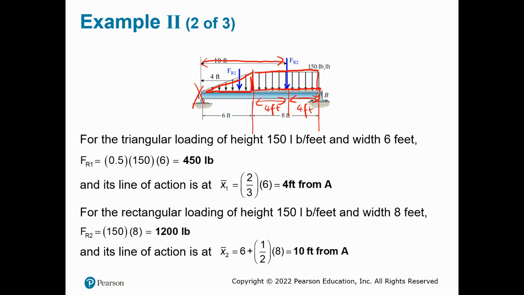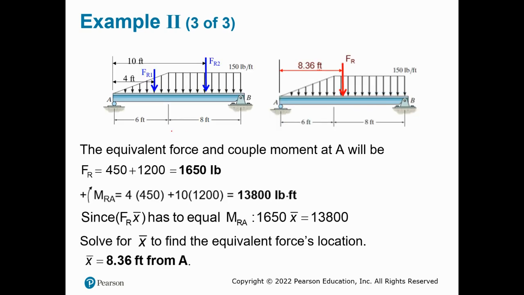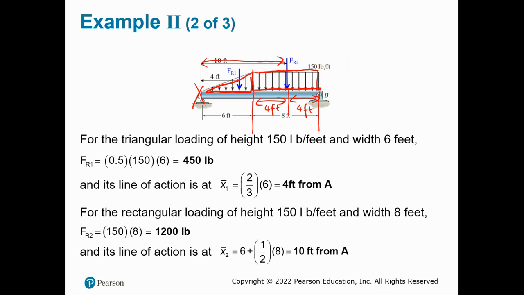Knowing the location and the magnitude of the equivalent point load to replace the distributed load, we also can calculate how much moment is generated about point A. About point A, I know my resultant force is 450 for FR1, and 1200 Newton for FR2.